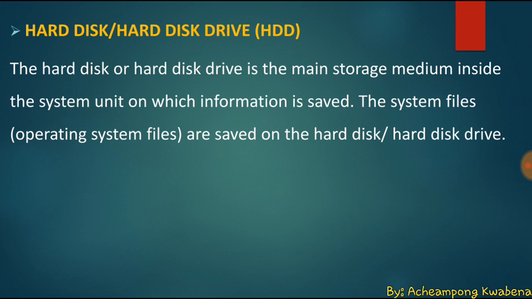Whatever you do on the computer and save as a file is being kept on the hard disk drive. So the hard disk is the main storage medium on which all the information we see or save on our computers are being kept. All the information that we have on our computers are being saved on the hard disk.